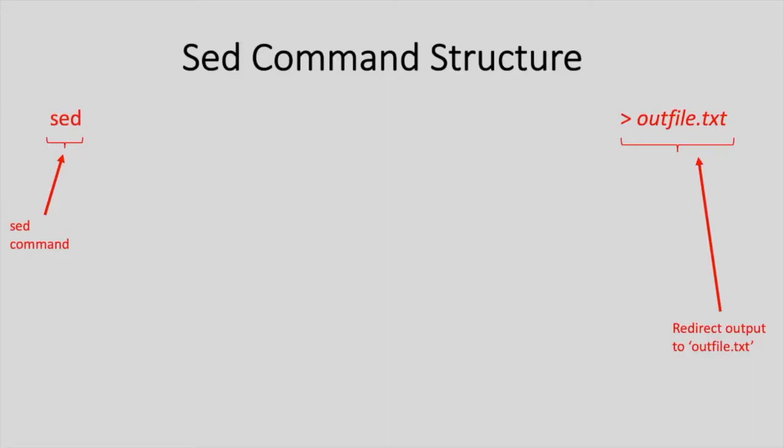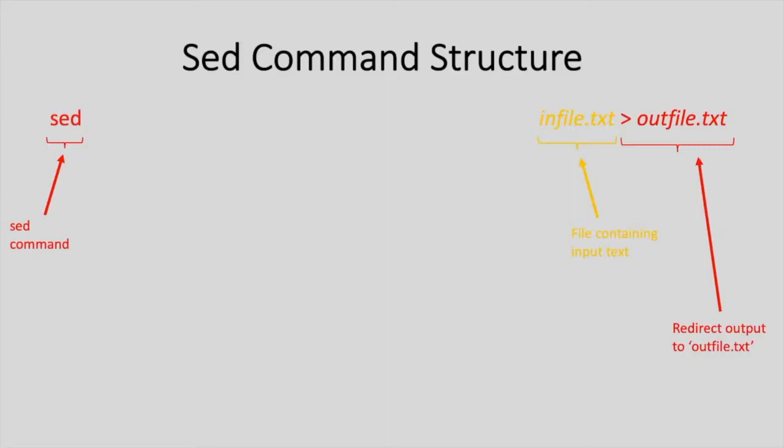Working backwards from there, and getting back to the specific components of the sed expression itself, you'll always need to point sed to some input text, or in other words, the text you want to make edits to. It's possible to use the pipe operator to use output from previous commands as input for sed, but we'll focus here on the more traditional approach where input comes from a file.